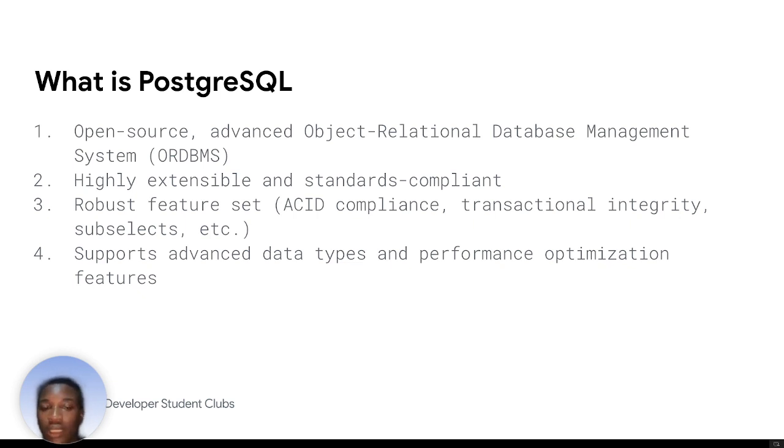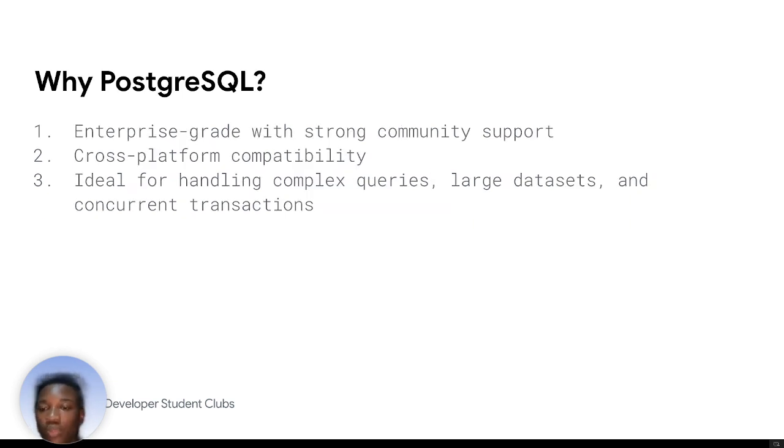So we'll move to the next slide: why Postgres. Why should you use Postgres? Postgres is enterprise grade with strong community support. If you are having issues working with Postgres, you can drop an issue in the GitHub repository, and you will definitely see people who will reply to your message and help you fix the problem.